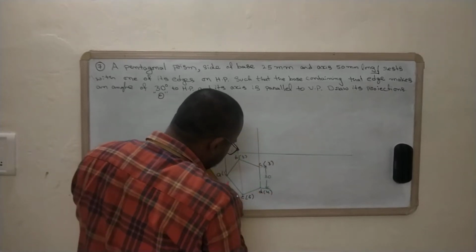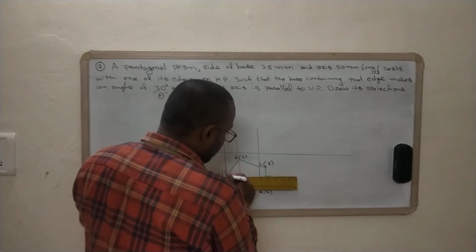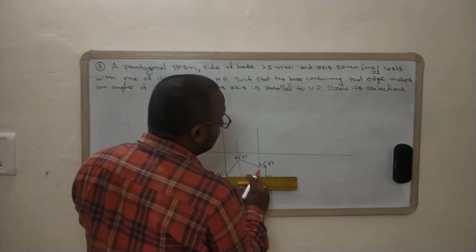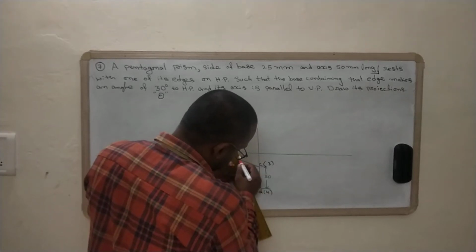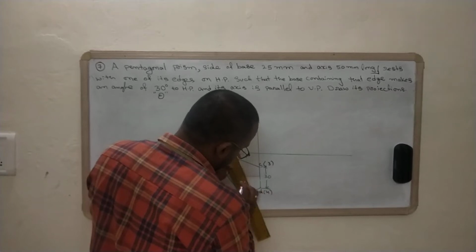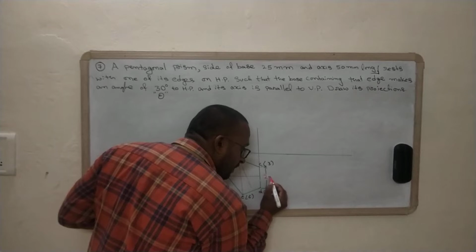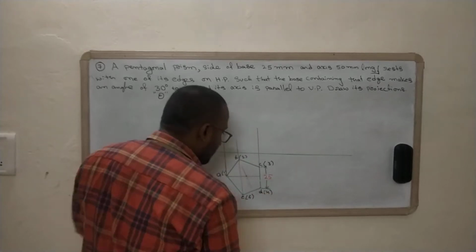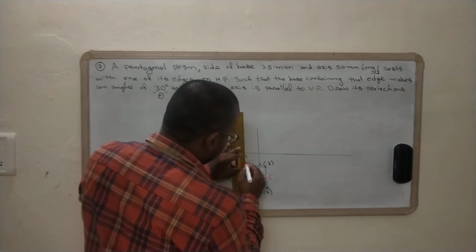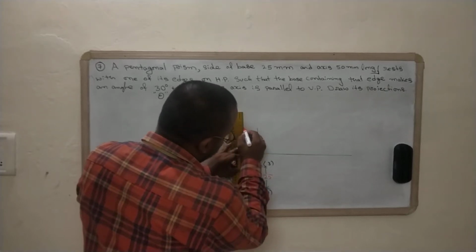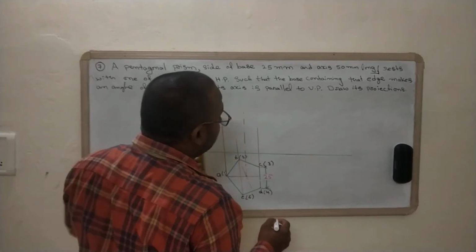And then the height of the axis: base side 25 and axis height is 50 mm. Then this is the center axis, about 50 mm.